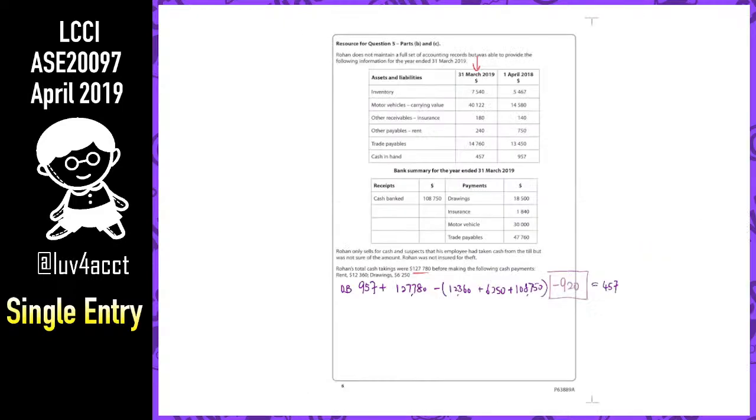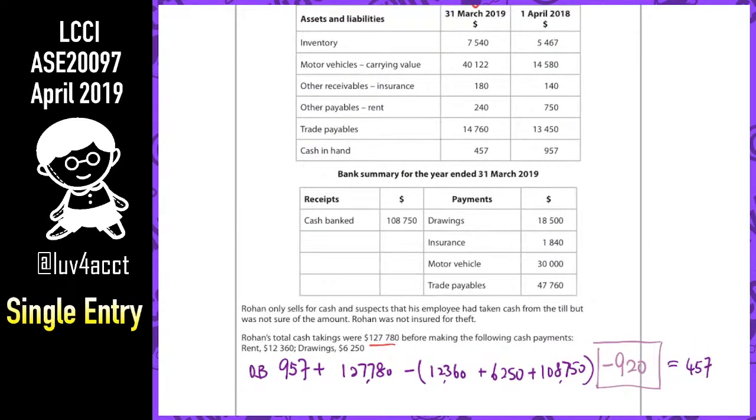Okay, so let's see. Insurance, 1840 payment. Okay, but then we have to adjust for other receivables. Okay, so plus minus 1840, 1880.